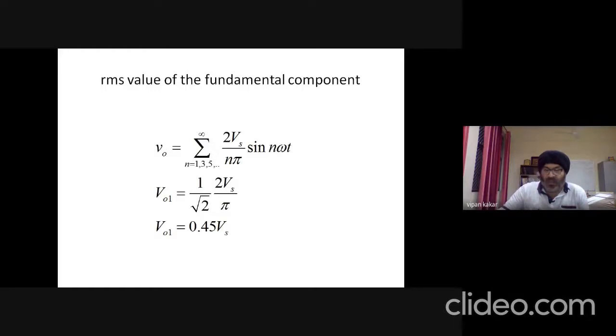And for the first component, meaning the fundamental component, having n equal to 1, we have this value 2Vs divided by pi. And then solving it, sine omega t, n equal to 1, we get this one. The fundamental component of this voltage is 0.45 times the supply voltage.